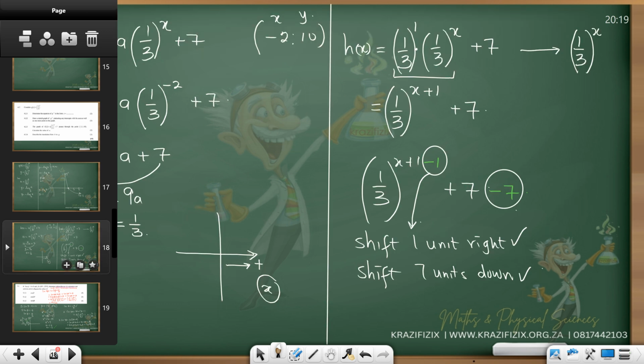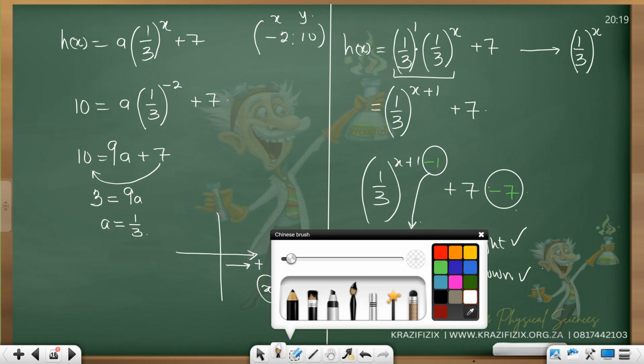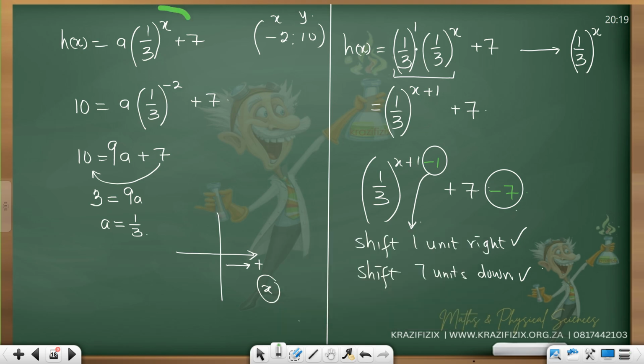So how does that work? Yes, remember, what is my function? My function is this. That's my function. What is A? 1/3. Good.